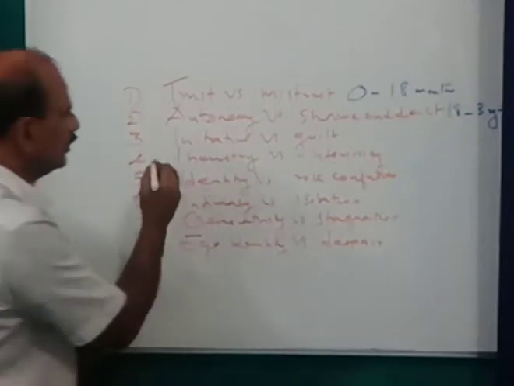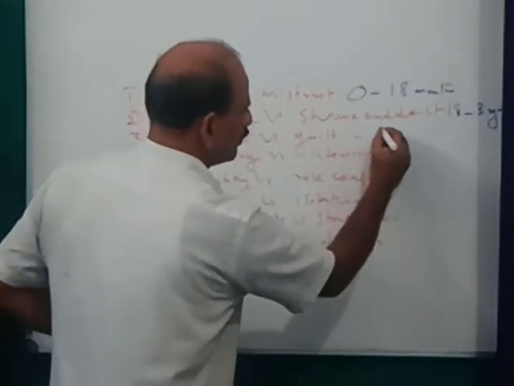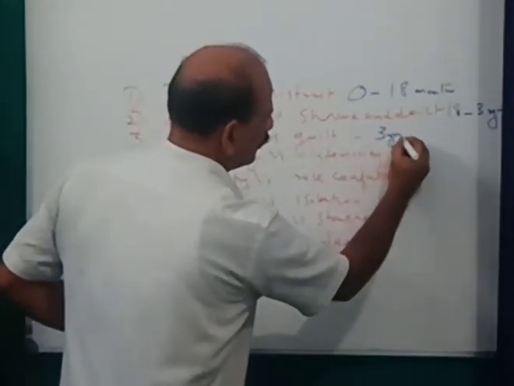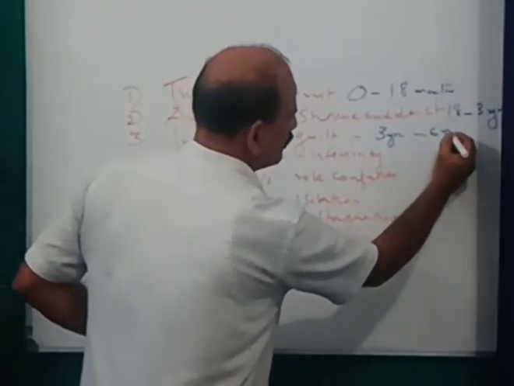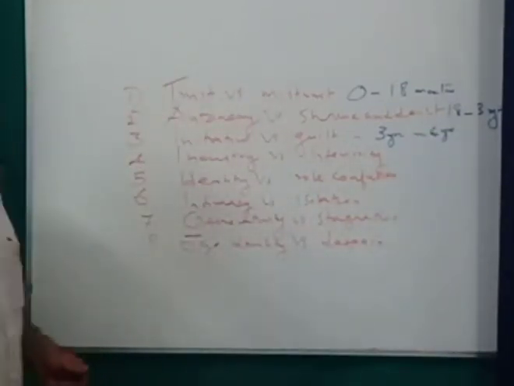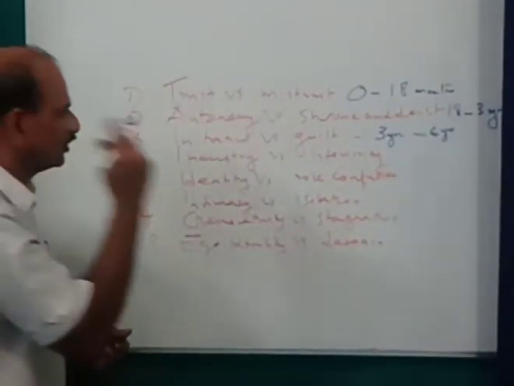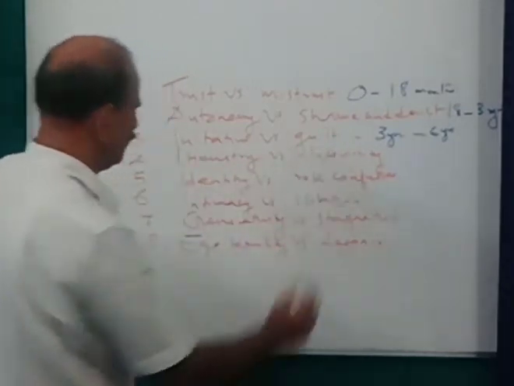And the third one, initiative versus guilt, 3 years up to 6 years. That means the stage of preschool.